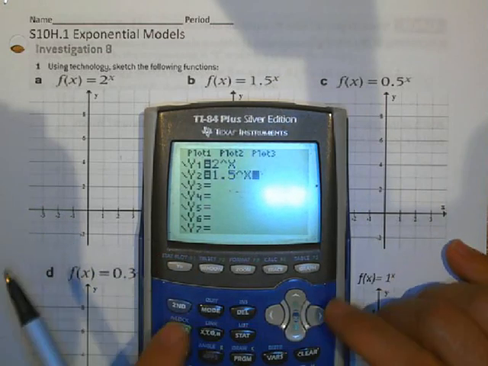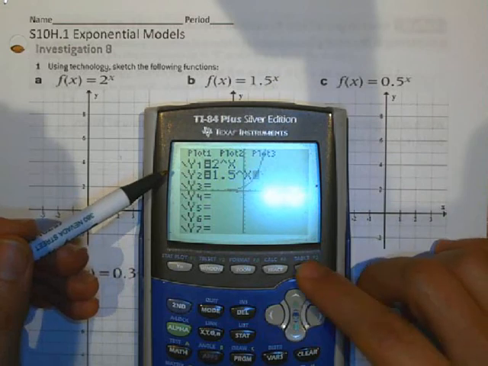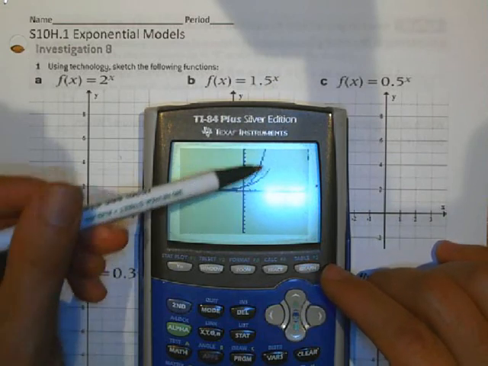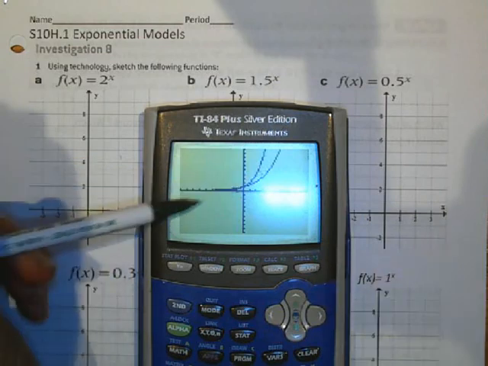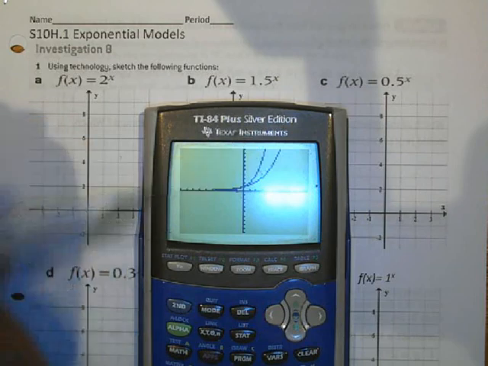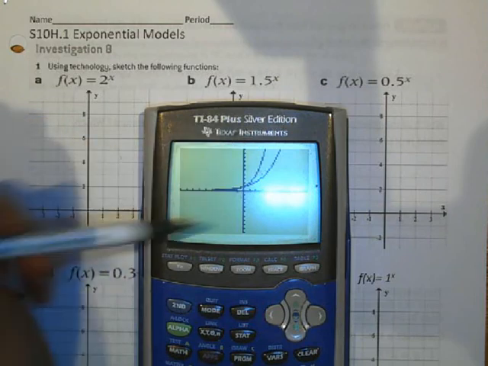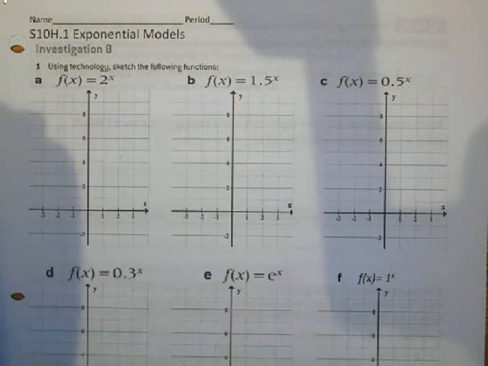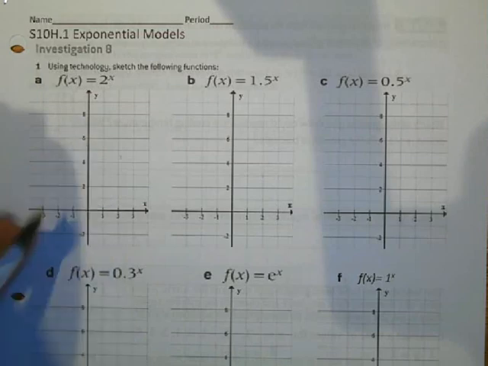I'm going to graph both of them on the same axis, and you can see that this one has a similar shape. It goes from small up to bigger, so this is going to be a growth. This is increasing as x gets bigger. So basically our graph looks like this.